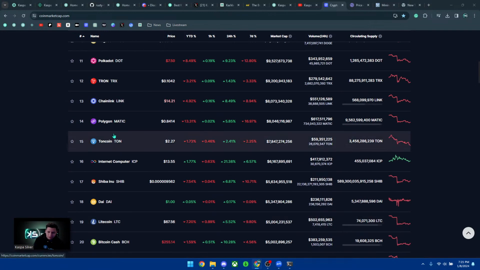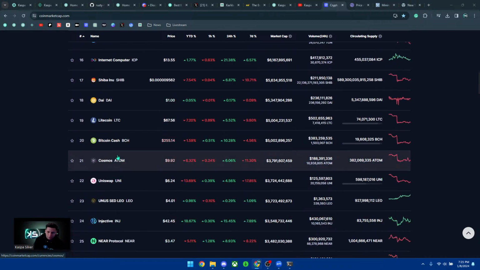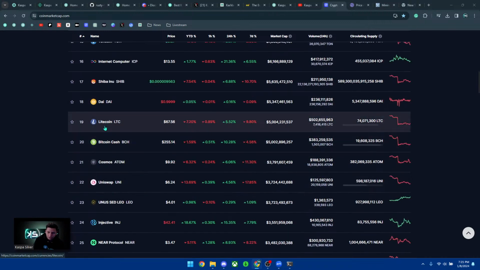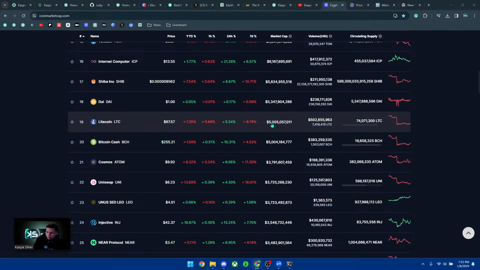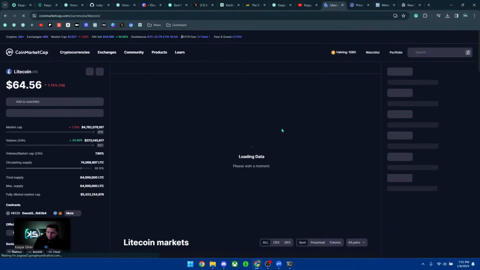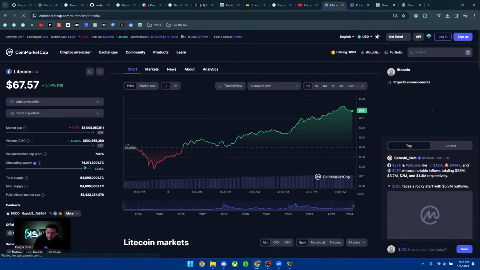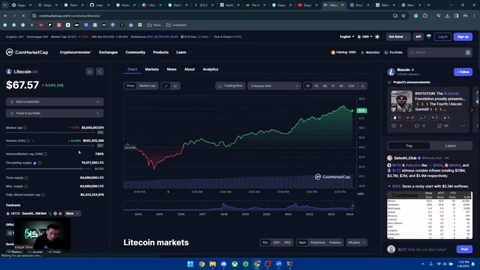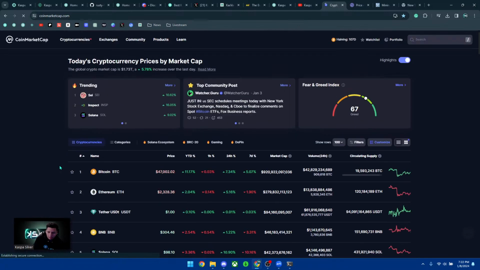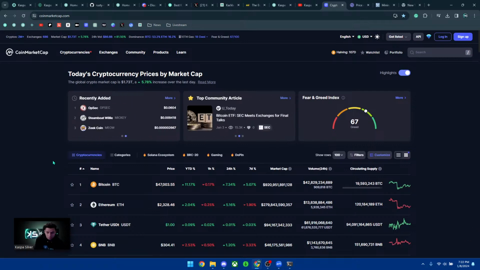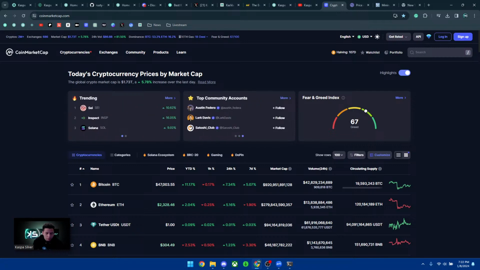If not, I feel like Dogecoin would just be under here. Litecoin and Bitcoin Cash are pretty close, and Litecoin's at a 5 billion market cap. Kaspa's literally a Litecoin but on steroids. That's why I say there's no competition for Kaspa. When it comes to the proof of work world, there's no competition for Kaspa.